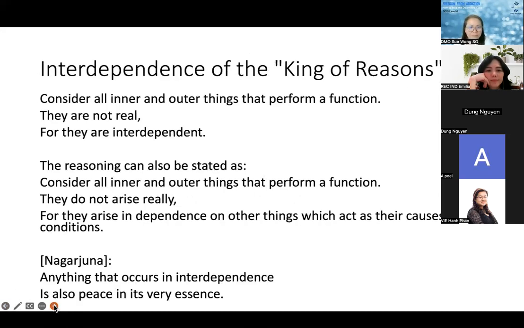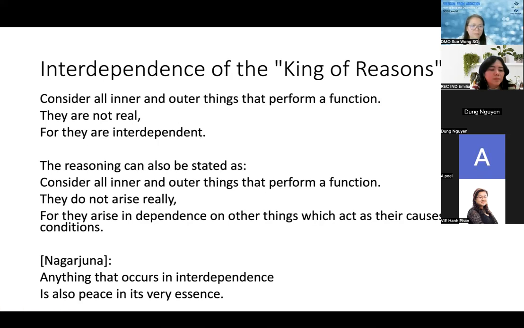King of reasoning. Interdependence, the king of reasons, okay? Consider all, okay, I quoted again the same syllogism. Consider all inner and outer things that perform a function which is changing. They are not real because they are interdependent.